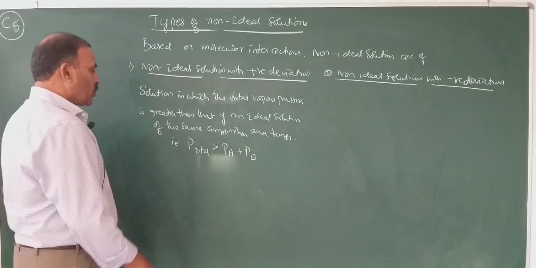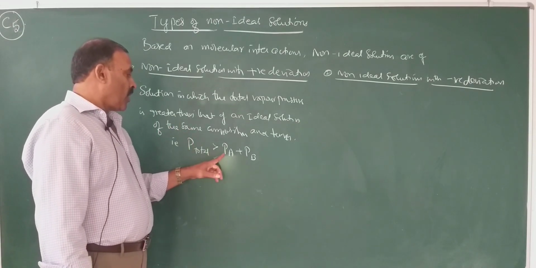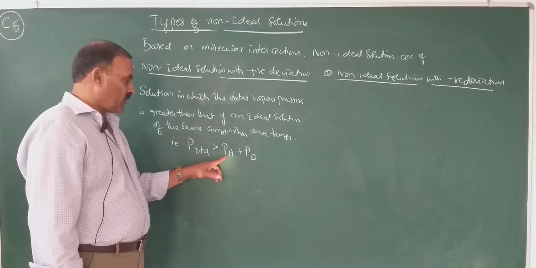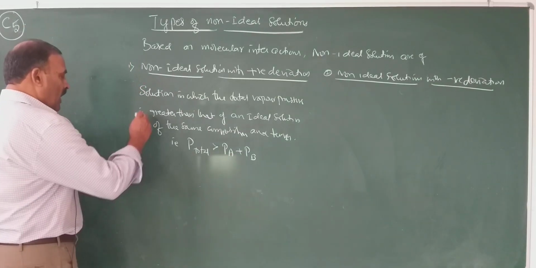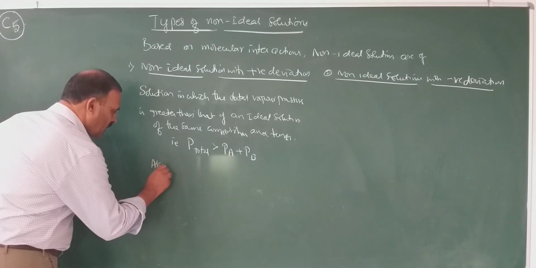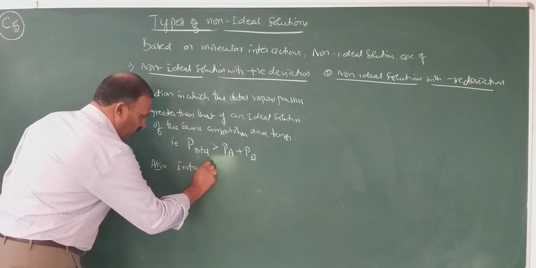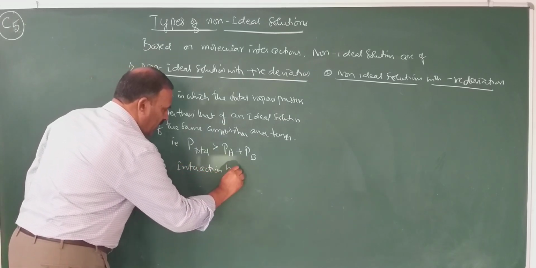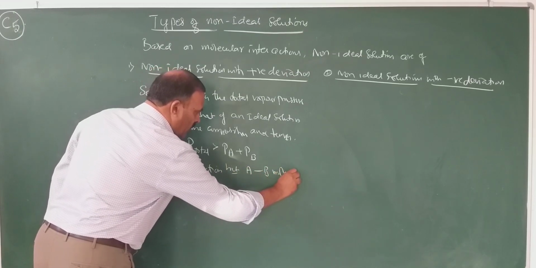That means the total vapor pressure of the solution is greater than the partial vapor pressure of liquid A plus the partial vapor pressure of liquid B. And also, the interaction between A-B molecules, what is the meaning of this?